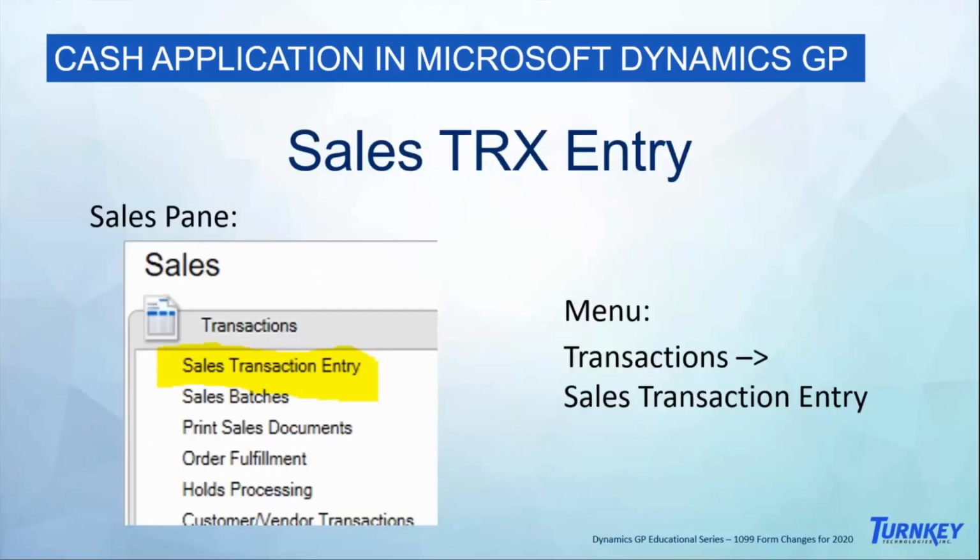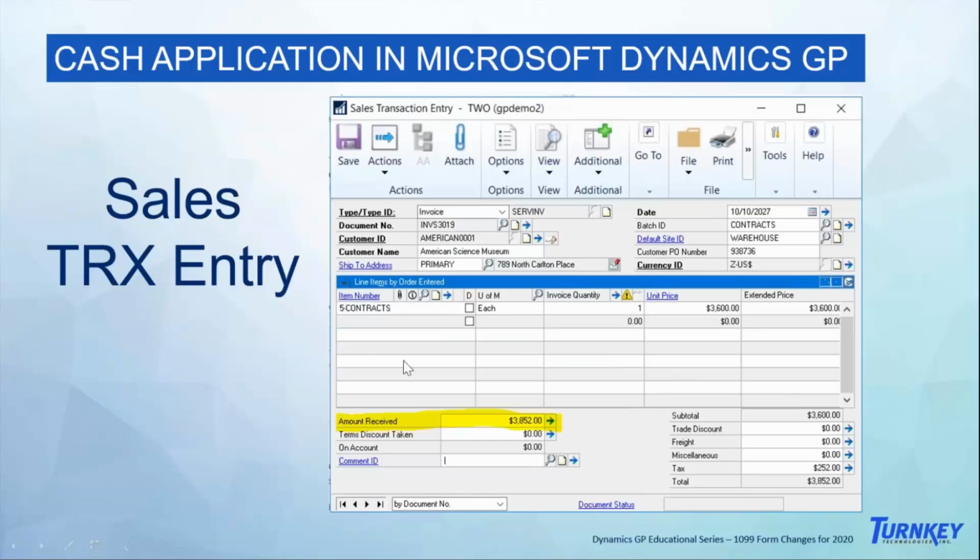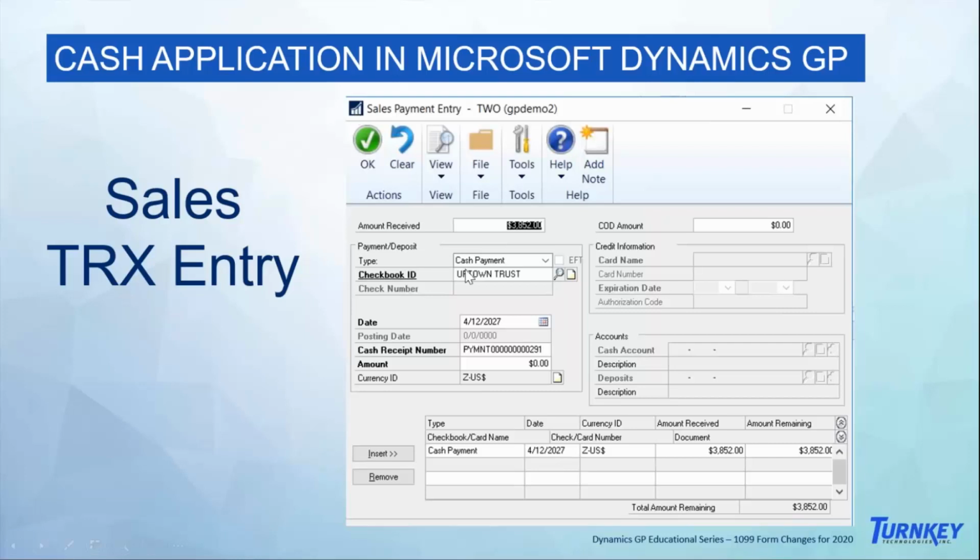Likewise, over in sales transaction entry, for the sales order processing module, you can do the same thing. The windows look a little different. Here's your sales transaction entry window. There's an amount received down there at the bottom. I put that in. As soon as I put that in, it's going to pop up another window where I've got to define the checkbook ID, the deposit date.